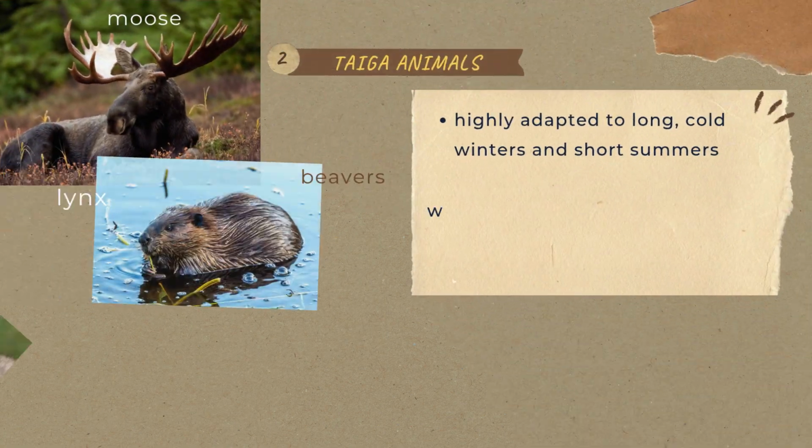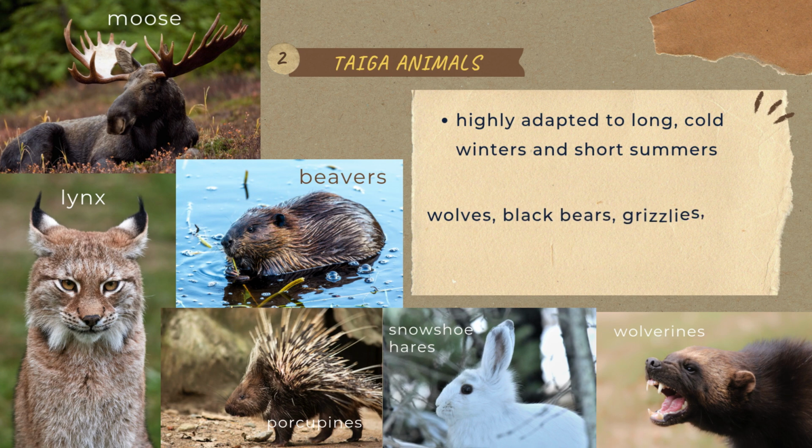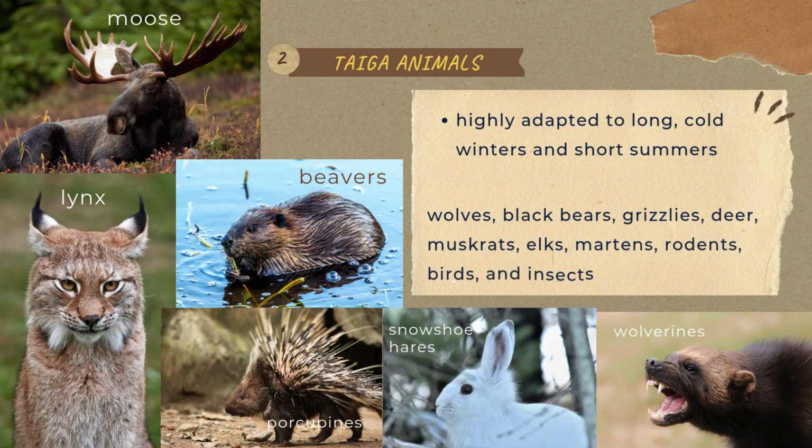Okay? Now let's talk about the animals present here. Again, these are just some. So we have moose, lynx, beavers, porcupines, snowshoe hares, and wolverines. Now, obviously, they are highly adapted to long, cold winters and short summers. Other examples of animals that are present here are wolves, black bears, grizzlies, deer, muskrats, otters, martens, rodents, birds, and insects.